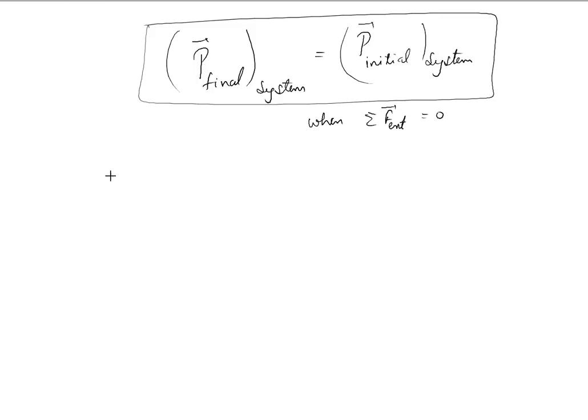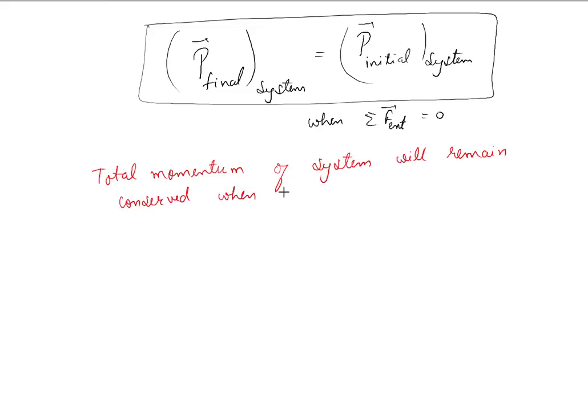So from this we can say that the total momentum of a system of particles will remain conserved when the summation of external force acting on the system is equal to 0.